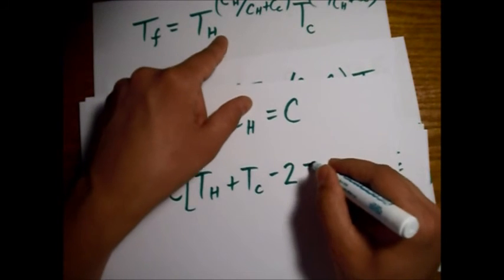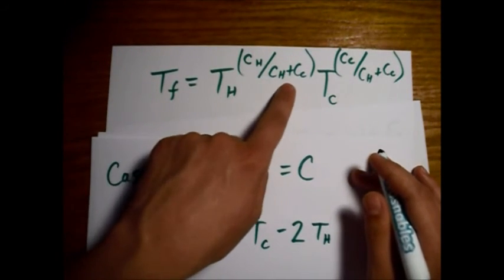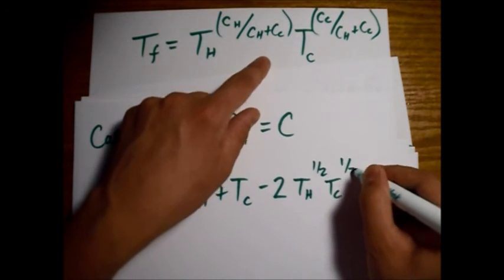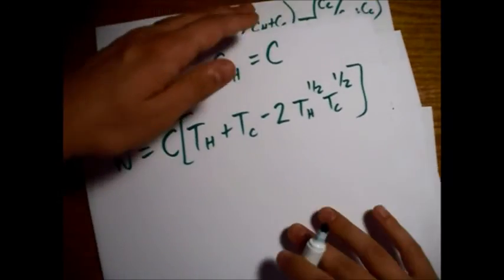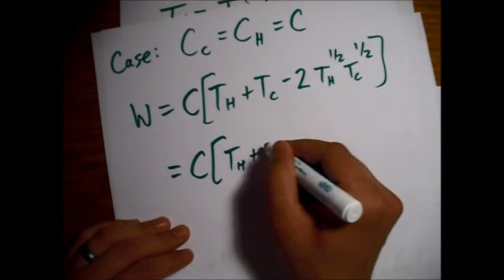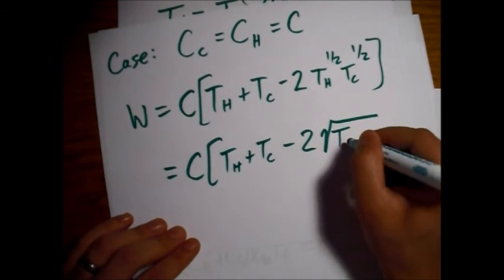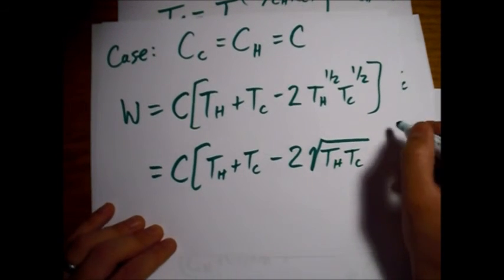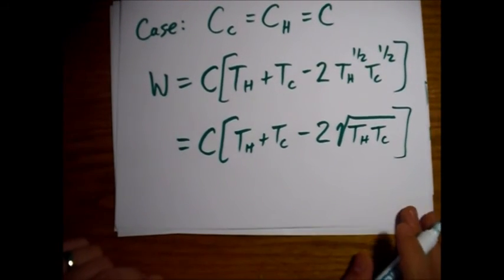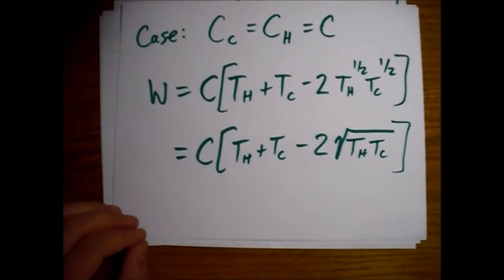So we have a T_H to the 1/2, since these are equal, and a T_C to the 1/2. All right, so that is equal to C times (T_H plus T_C minus 2 times the square root of T_H T_C). And there we go. So if the two thermal reservoirs are equal in heat capacity, then this is the answer that we would get.